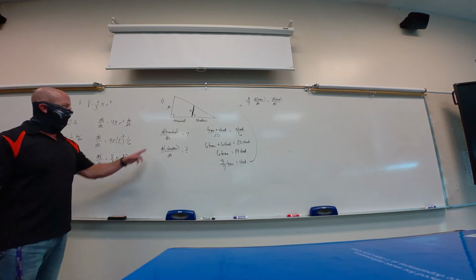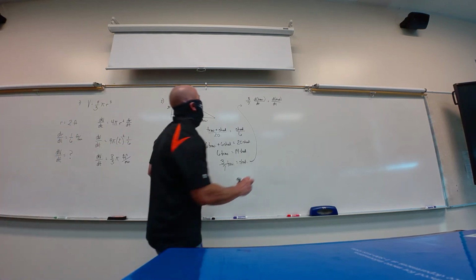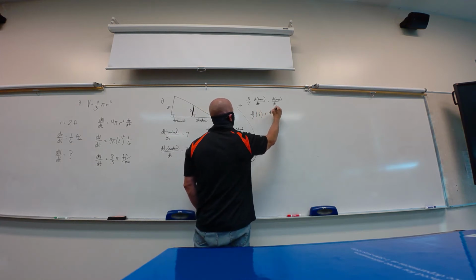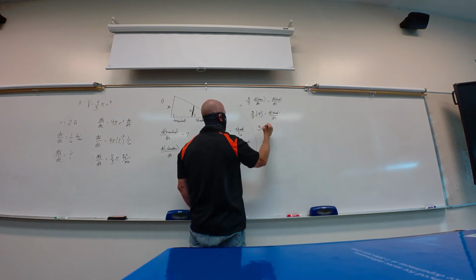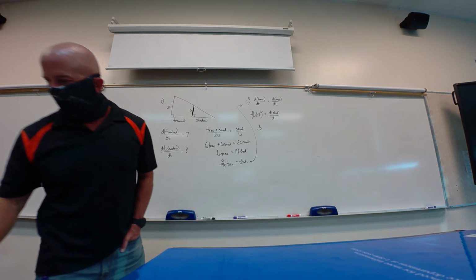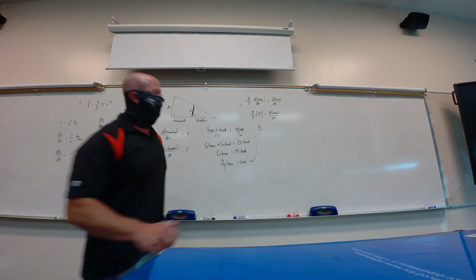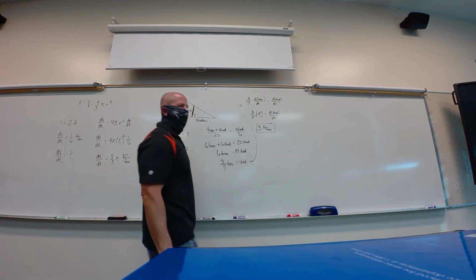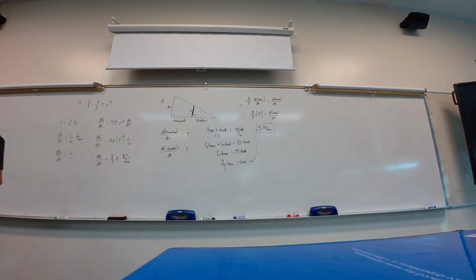Now I know the d traveled over dt is 7. 3/7 times 7 is my d shadow over dt. Hey, 7 cancels, so the shadow's changing at 3, and we were in feet per second. Shadow's changing at 3 feet per second. Okay there?